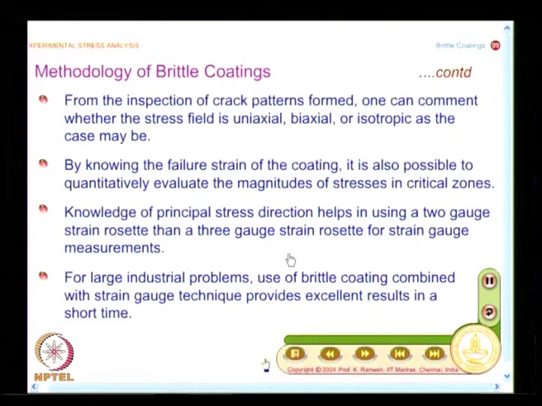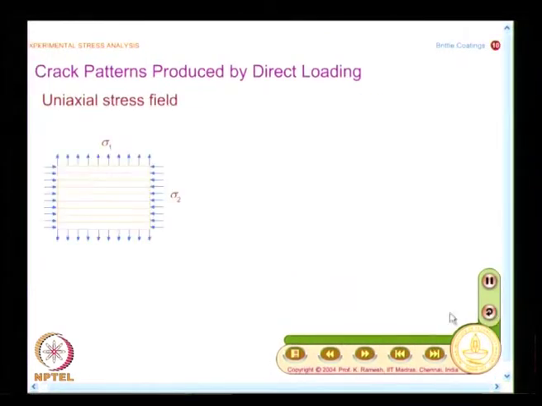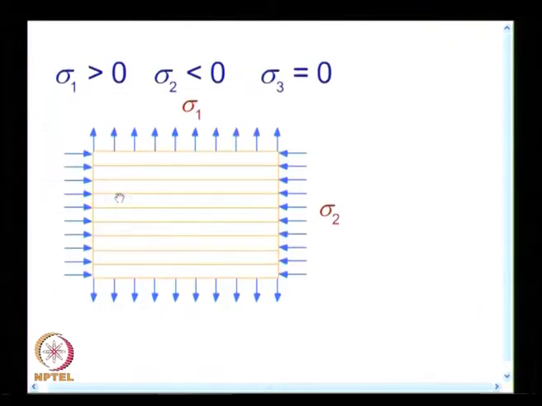And now we look at what kind of crack patterns are formed by direct loading, and this is what is shown here. Suppose I have sigma 1 greater than 0, sigma 2 less than 0 and sigma 3 equal to 0, I have essentially a biaxial loading situation, and since sigma 1 is greater than 0, you have cracks formed perpendicular to that direction.